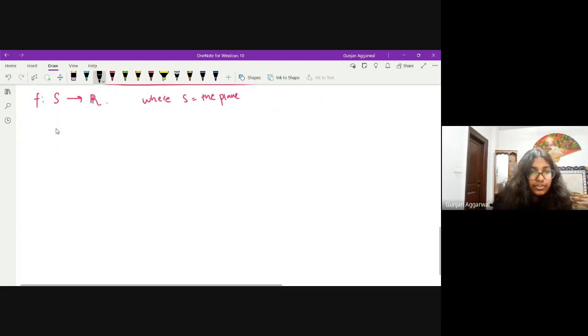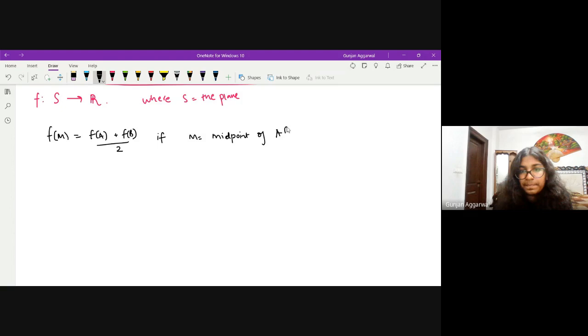Then we have f of m equals f of a plus f of b by 2 if m equals the midpoint of AB, and there is a point x such that f of x equals 0. Find f.